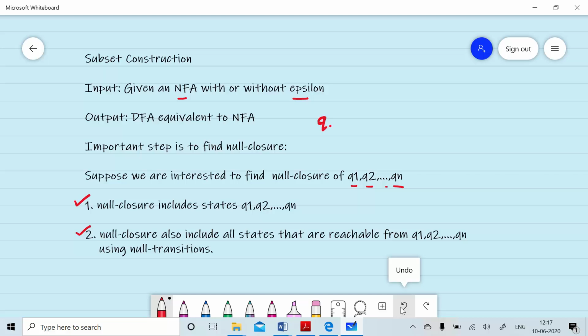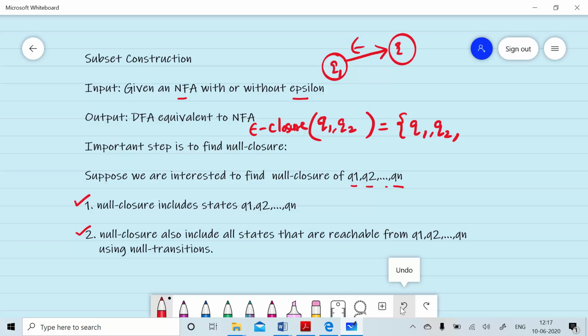Suppose we have two states Q1 and Q2 and we are interested to find out its null closure. So using step number 1, it will include Q1, Q2. And let's suppose from Q1 on reading of null transition, we are moving to Q3 state. So we will also include Q3 state.